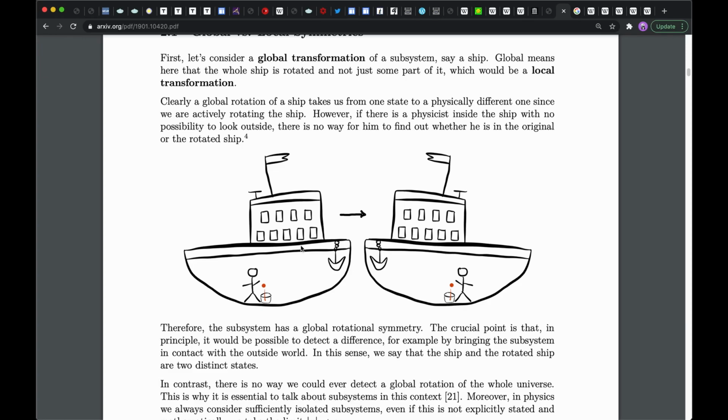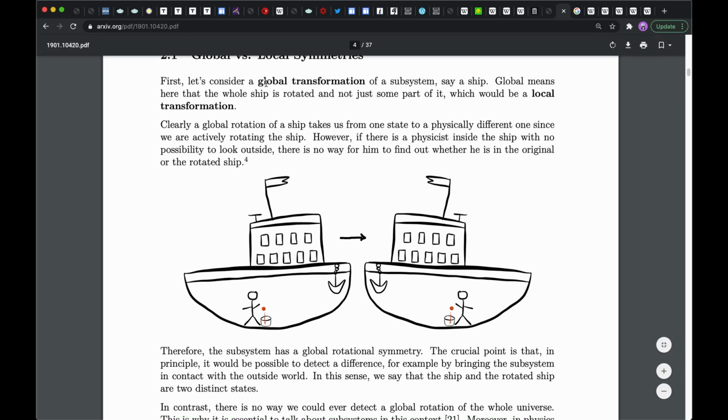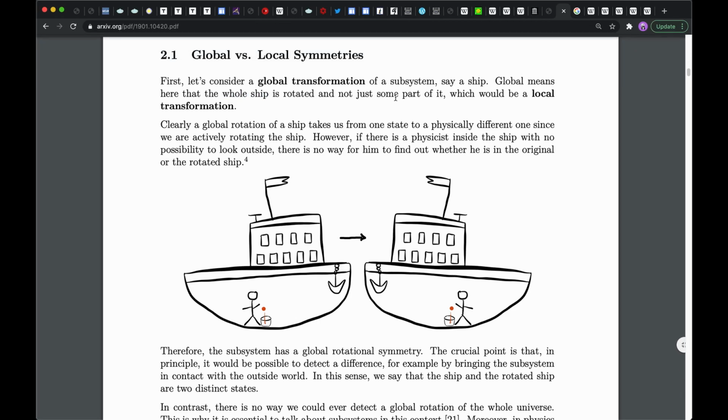But anyway, I just scrolled up to the definition of the global transformation, and he talks about the global transformation of a subsystem, say a ship, and global means that the whole ship is rotated and not just some part of it. So that's clearer. It's just about global in terms of the subsystem.